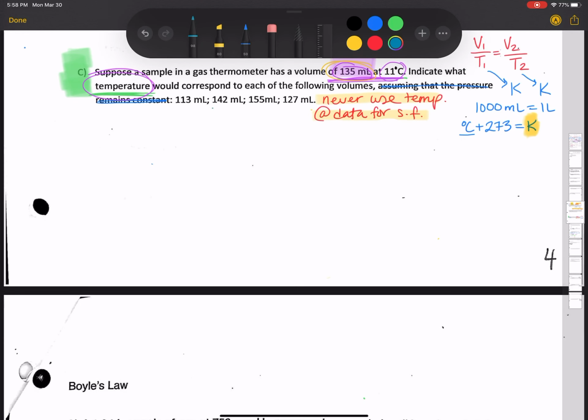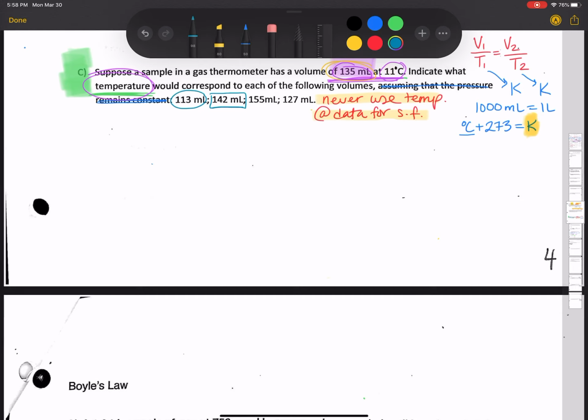So now I'm going to look at my next question in question C. Remember, we just solved for 113 milliliters, and so now I'm going to solve for 142 milliliters because each one of these volumes was a new condition.